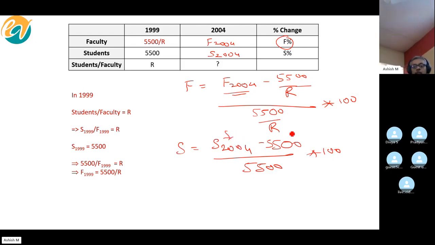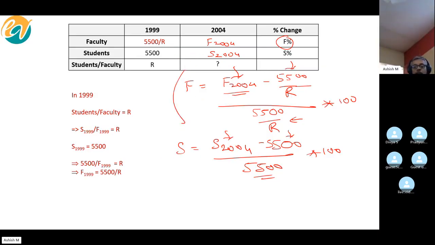Notice X new minus X old divided by X old. So from this you find out S 2004. So it's just about a bit of calculation.